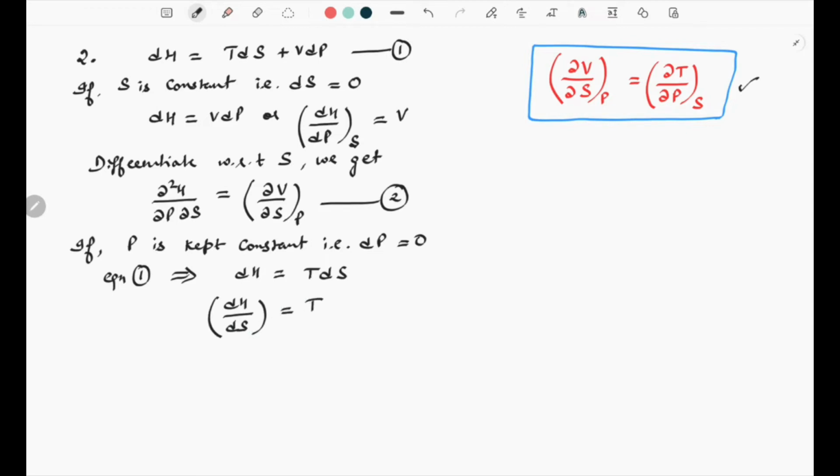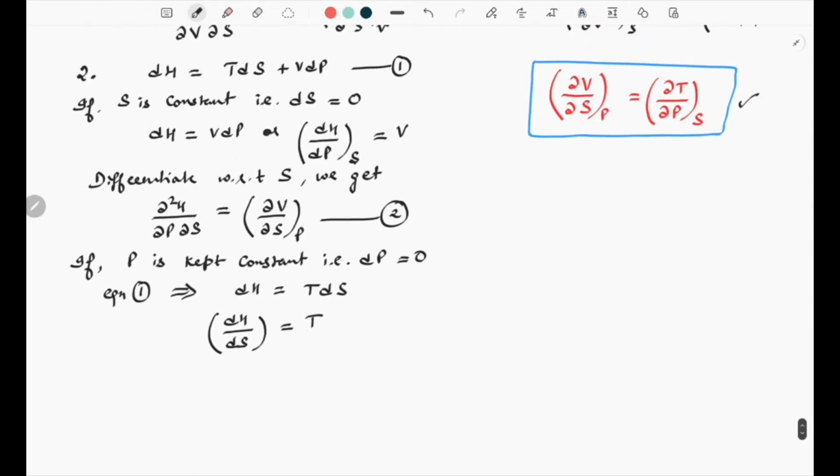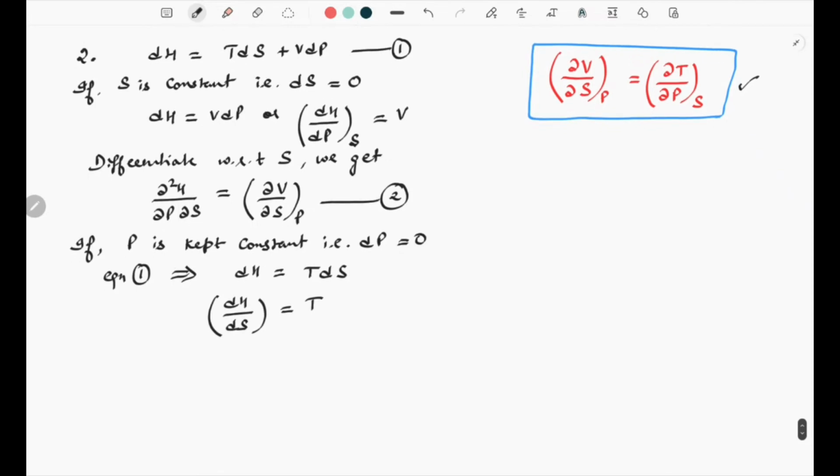This becomes equal to T. Now once again differentiating this equation with respect to pressure, keeping S as constant.